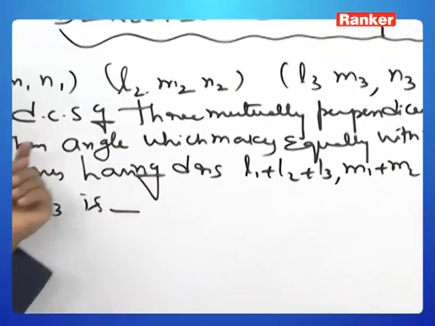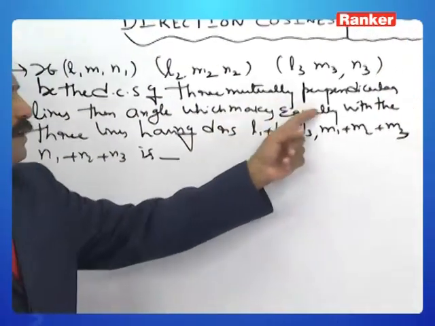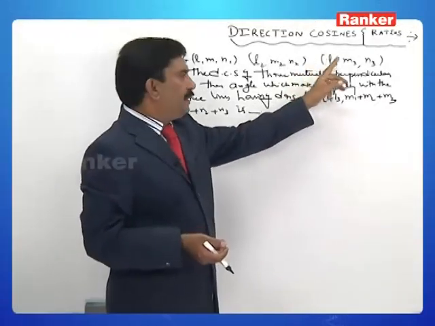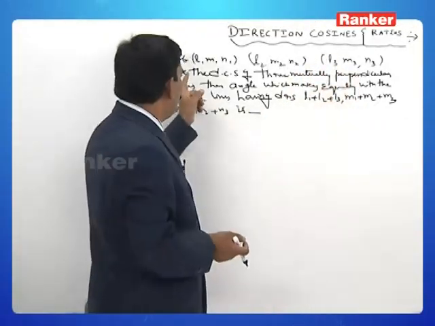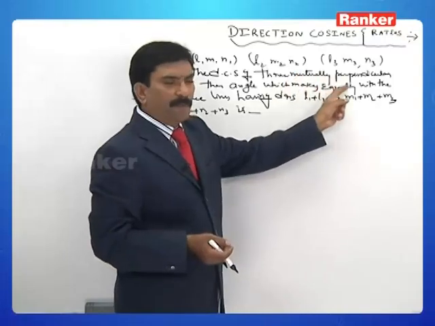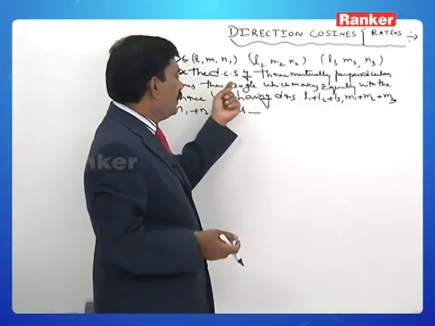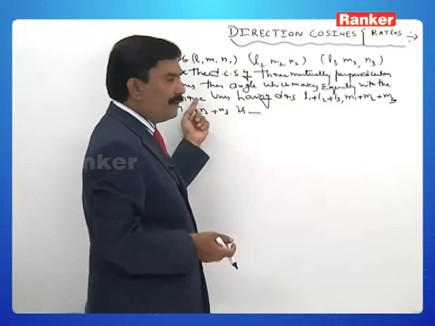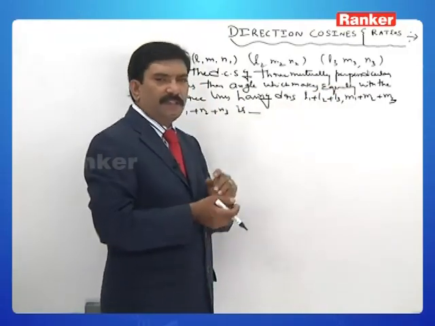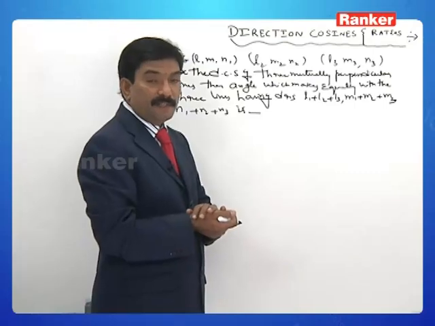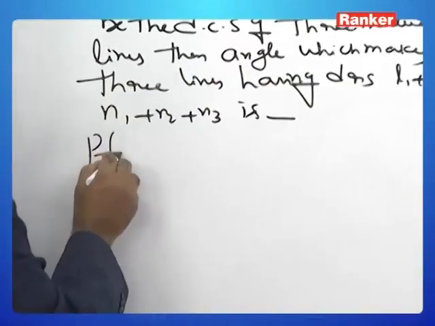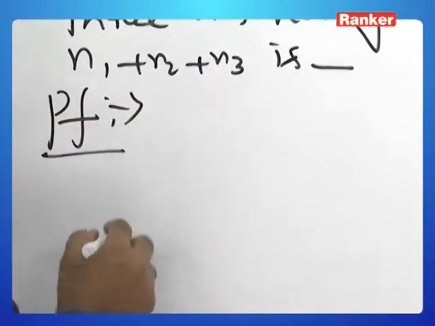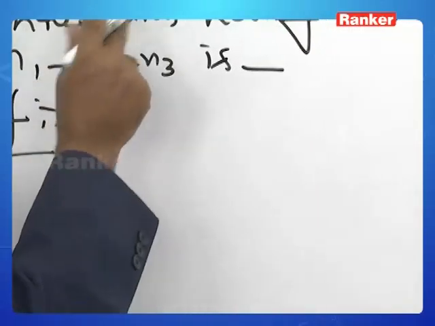You see, if l1, m1, n1, l2, m2, n2, l3, m3, n3 be the DCs of three mutually perpendicular lines, then the angle which it makes equally with the three lines having the DRs l1 plus l2 plus l3, m1 plus m2 plus m3, n1 plus n2 plus n3.